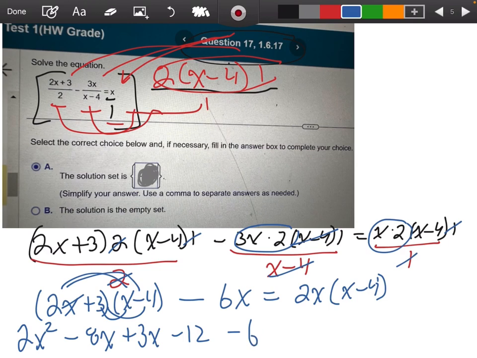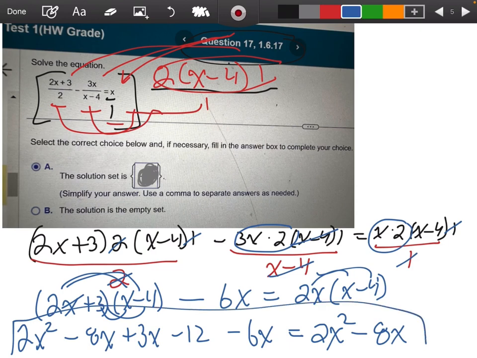Let's see, minus 6x equals, that's going to give us 2x squared, and then a minus 8x. So y'all, I'm just going to copy this piece right here on the next slide. So 2x squared minus 8x, actually, you know what? Let's do this before I do that. We can combine those, y'all. That's going to give me a minus 5x, okay?